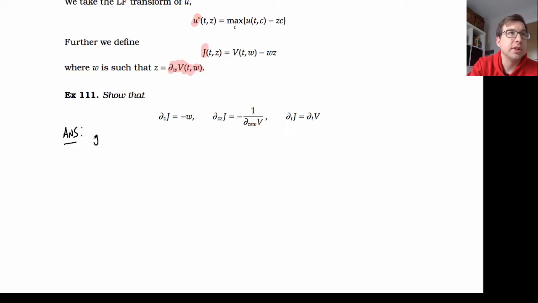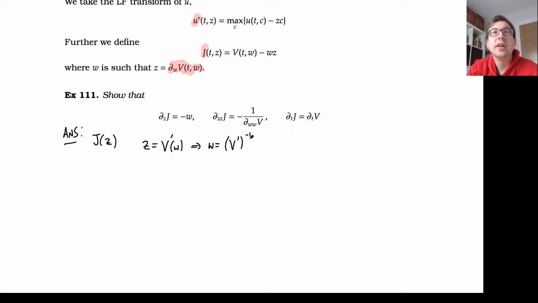So I'm just going to say that we've got j of z, and from this expression, if I let v be my function, I'm basically differentiating v, so I've got z equals v dash of w, so that implies that w is equal to v dash to the minus 1 of z. Now let's substitute all of these parts in.